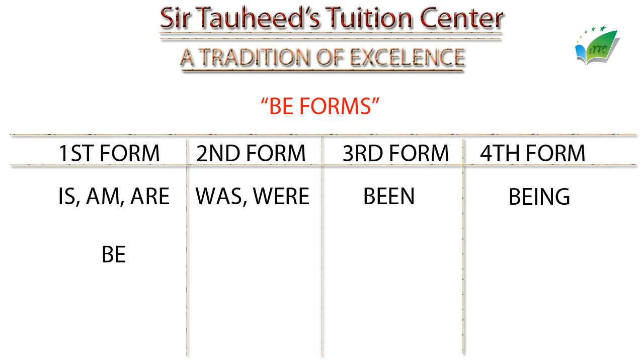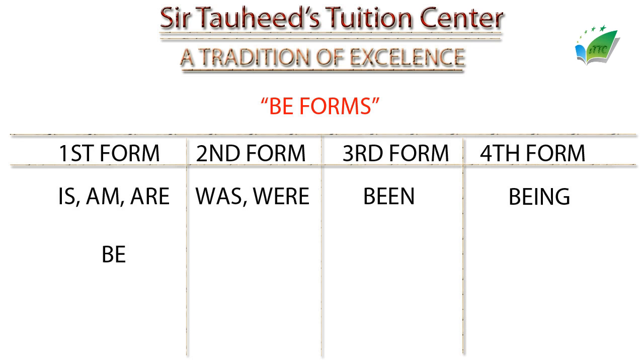Also, they are important because they must be used in passive voices. They are used in active voices, but they must be used in passive voices, because in active voices they are not used sometimes.